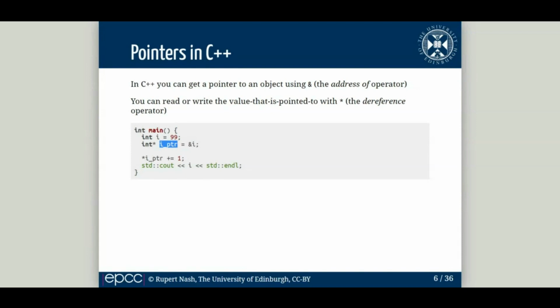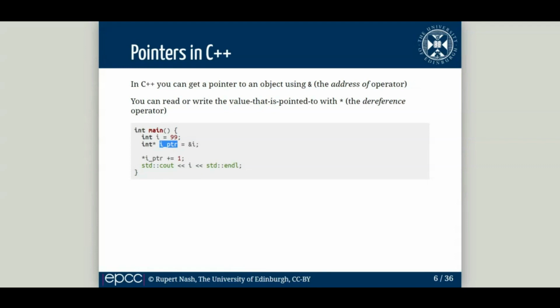Now, it's not covered here, but we can also do what is called pointer arithmetic: imagine that you have a vector, you can use this pointer to get access to all the elements of this vector.